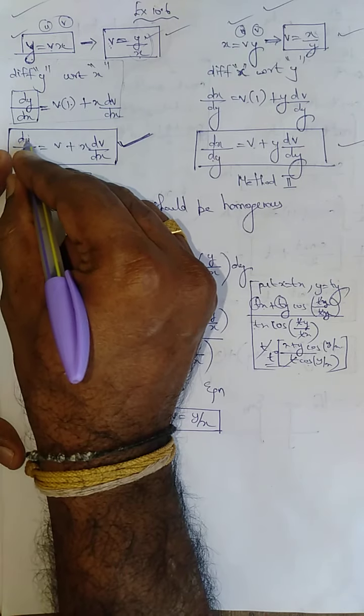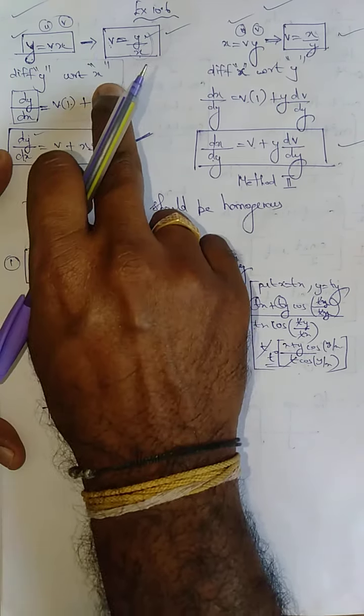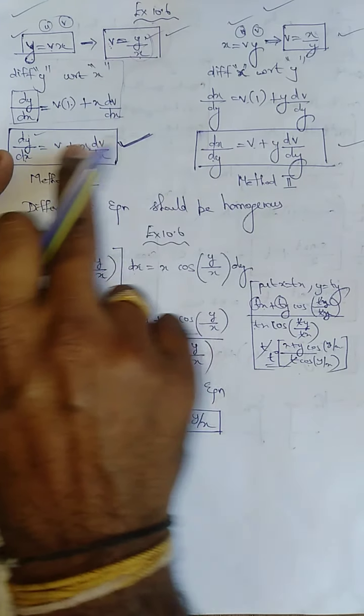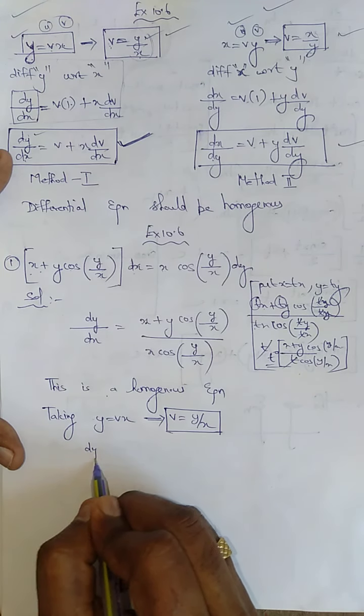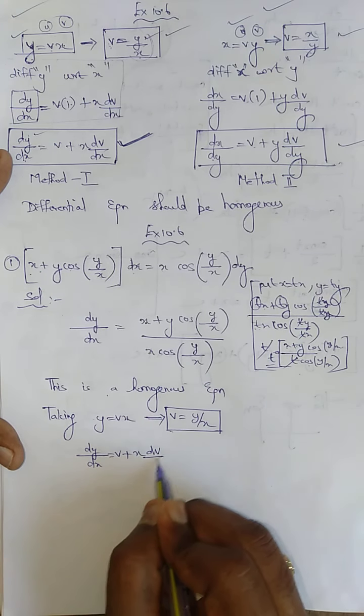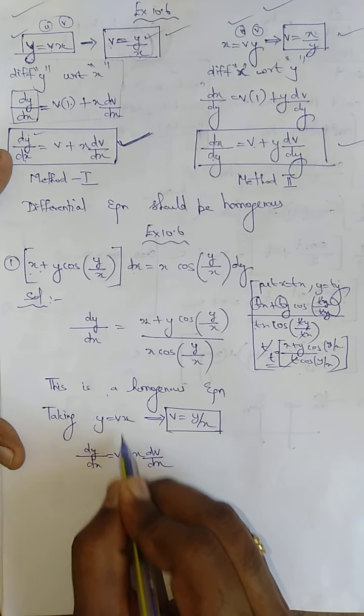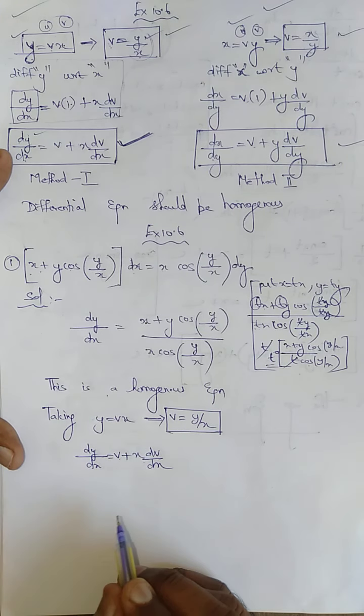Next, we need to differentiate. I told you previously I can't differentiate every time, so keep this point in memory: dy by dx is equal to v plus x into dv by dx. Y differentiated is dy by dx, v plus x into dv by dx.